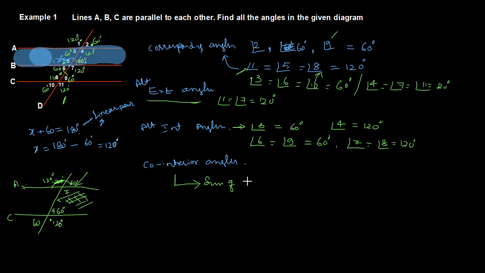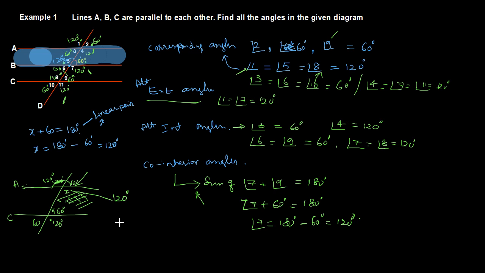For 7 and 9, the sum of co-interior angles, angle 7 plus angle 9, equals 180. That's a condition. Because we found 9 as 60 using corresponding angles, angle 7 will still equal 180 minus 60 equals 120. Still the same. That is actually going to be 120.